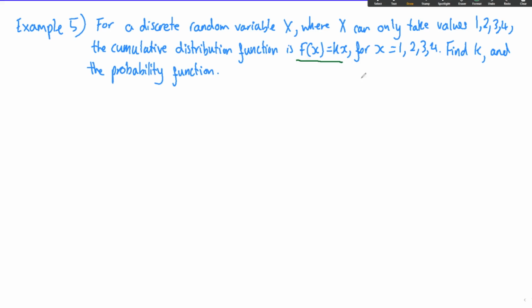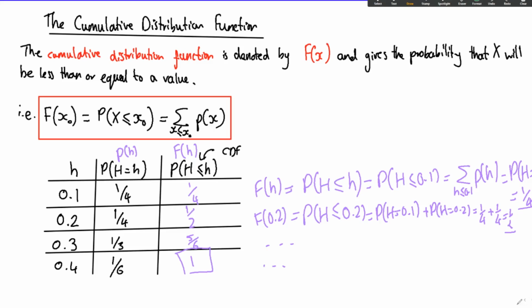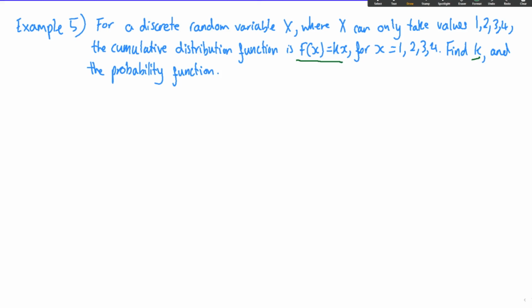So what we want to do first is find k. So how can we do that? Well, we can use the rule that we learned before, which is that the last value of a cumulative distribution function will be 1, because it adds all of the probabilities of all the possible values. So in this case, that would be 4.